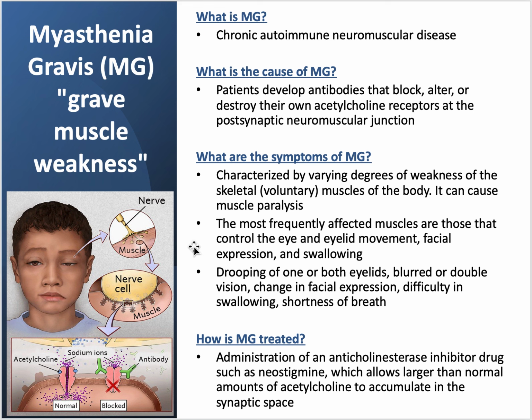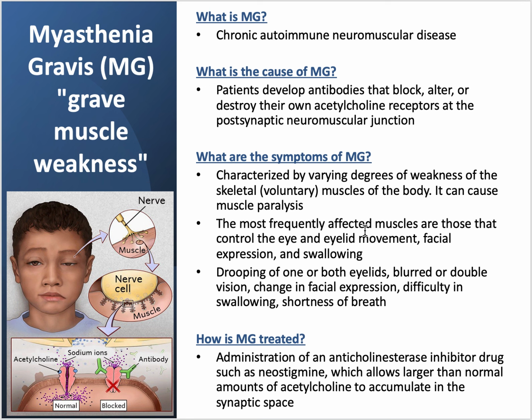This is just a clinical example of a chronic autoimmune neuromuscular disease. It's myasthenia gravis. What happens here is that the immune system generates antibodies directed against the acetylcholine receptor. And so you have fewer acetylcholine receptors that are able to act appropriately.